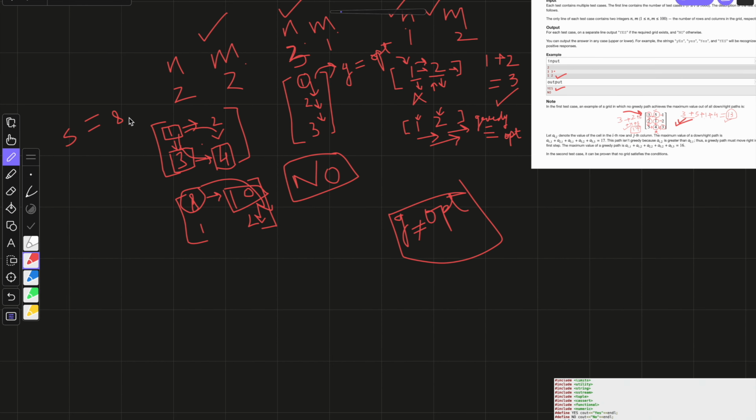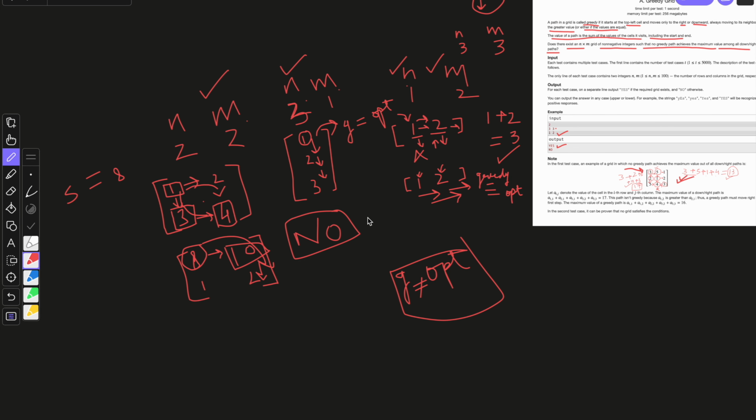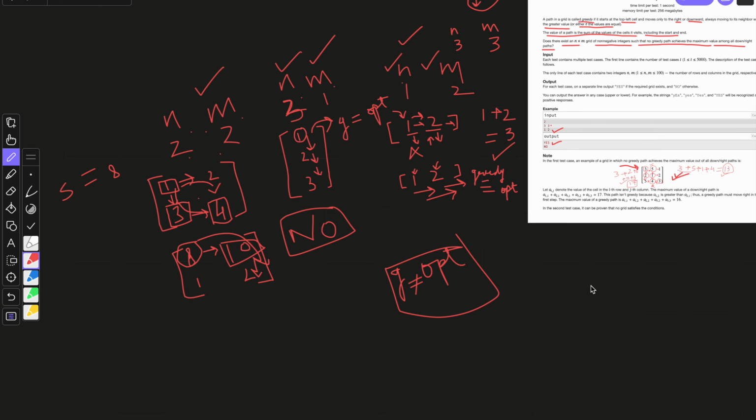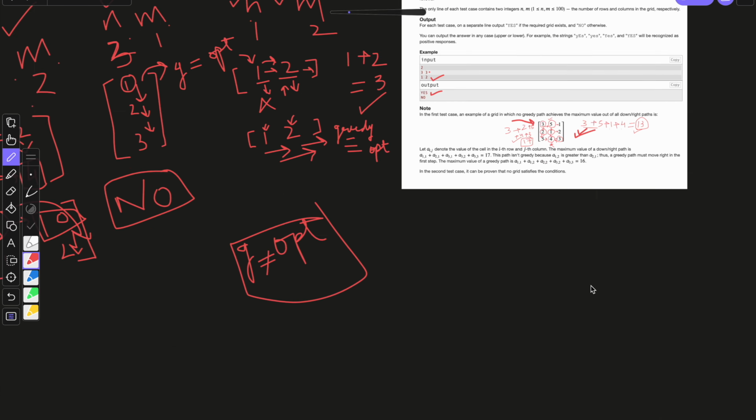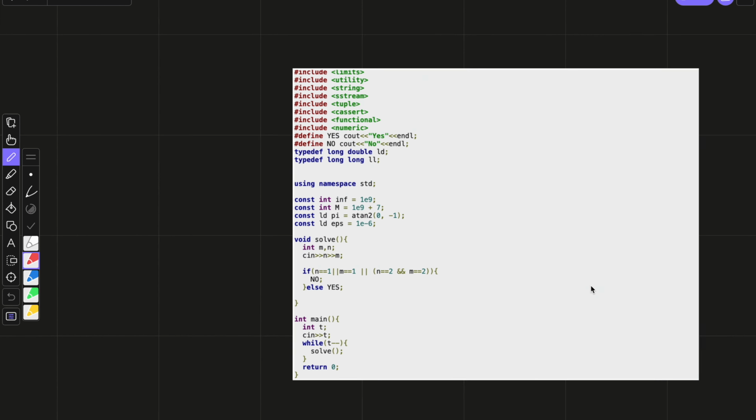I hope you understood the approach to solve this question. We only have three cases: first, where n is 1, or m is 1, or n and m are 2 and 2. In these cases only the answer would be no, and in every other case the answer would be yes. So let's see the code for this question.